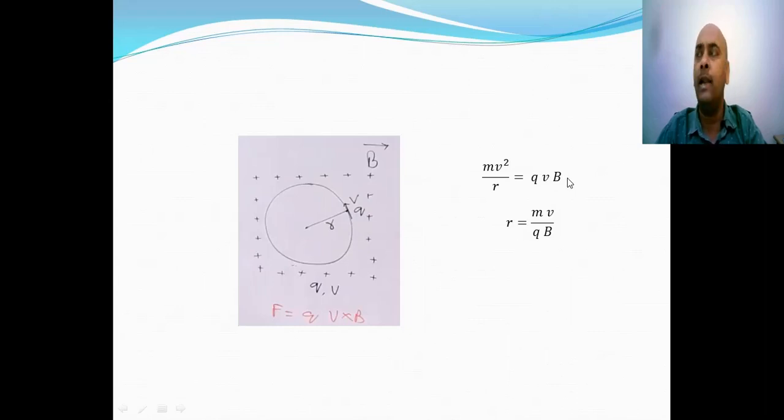If we suppose that the angle between magnetic field B and the direction of motion of the charge is 90 degrees, then the maximum force experienced is QVB. From here we can calculate the relation between R and the applied magnetic field B, which is R is equal to mv by QB.